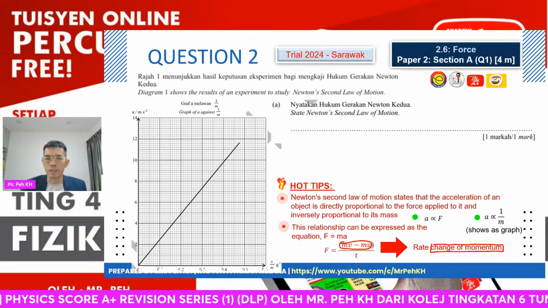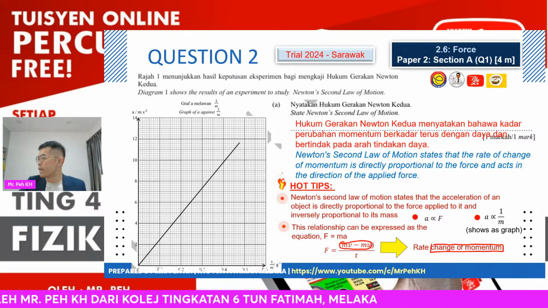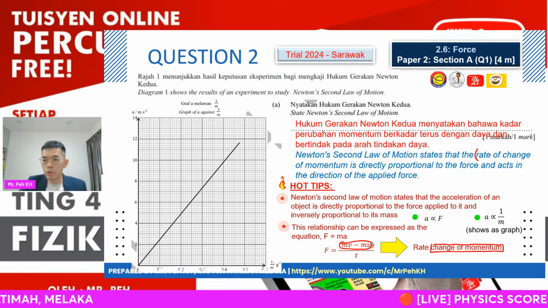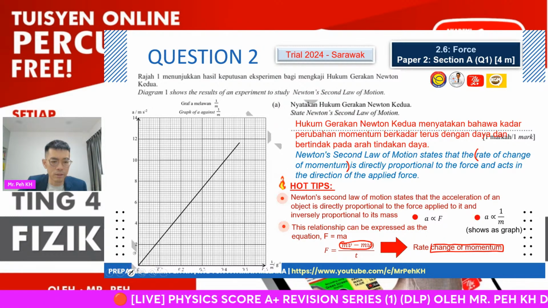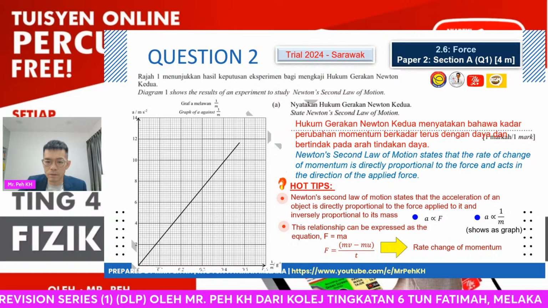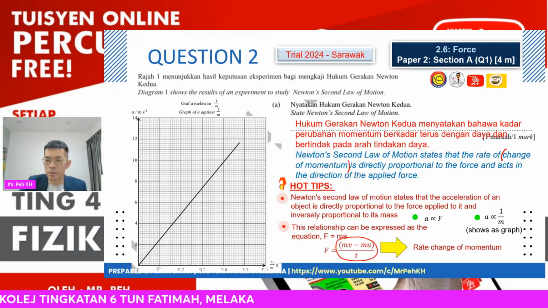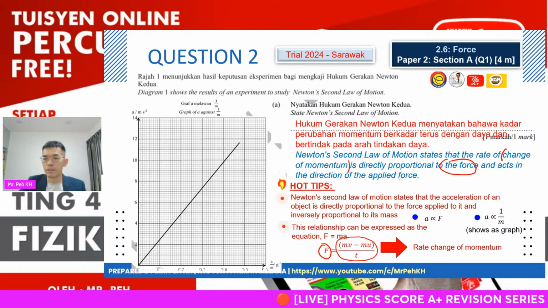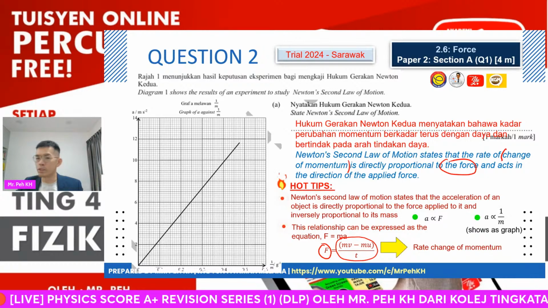If you follow the textbook definition, Newton's second law of motion states that the rate of change of momentum is directly proportional to the force, and acts in the direction of the applied force. So this is related to the definition.